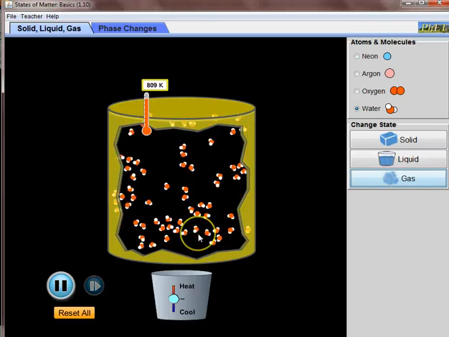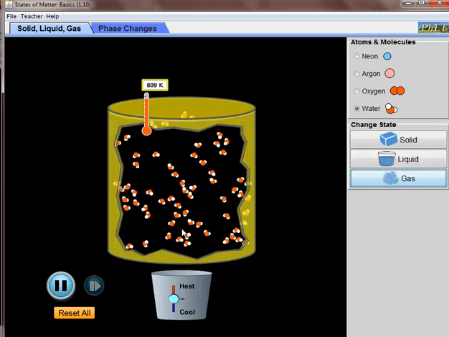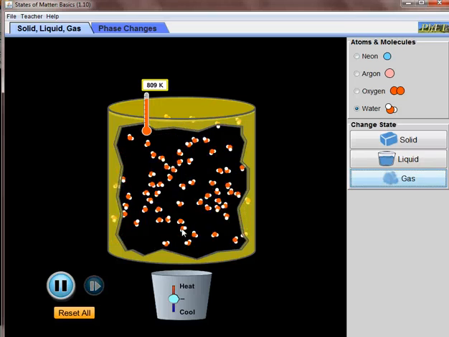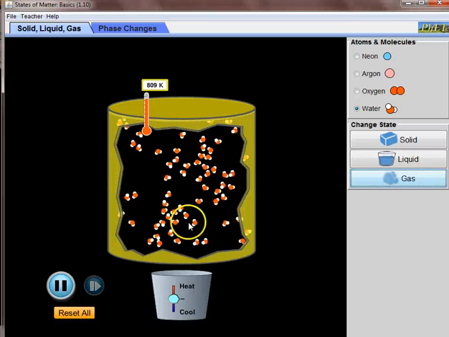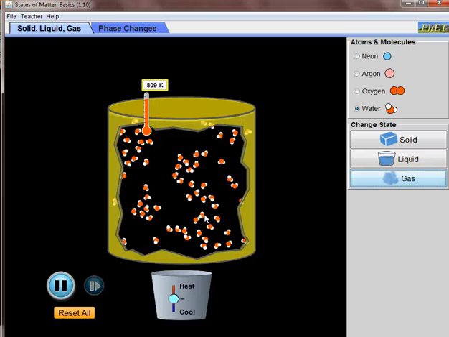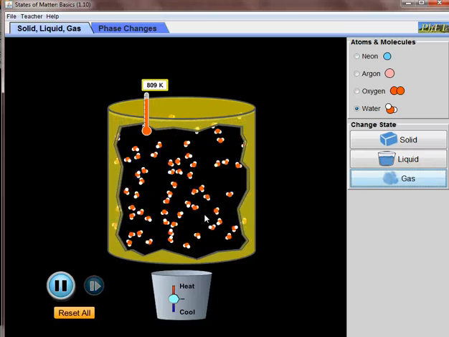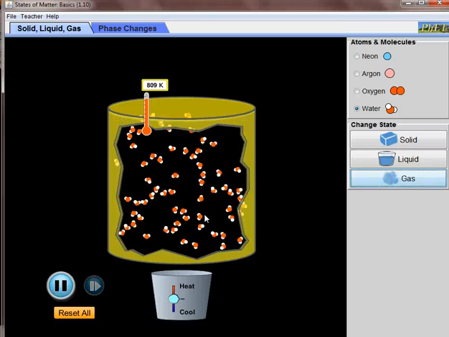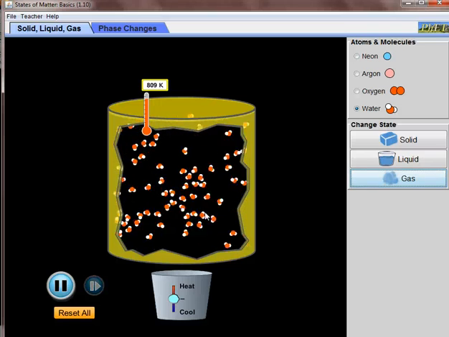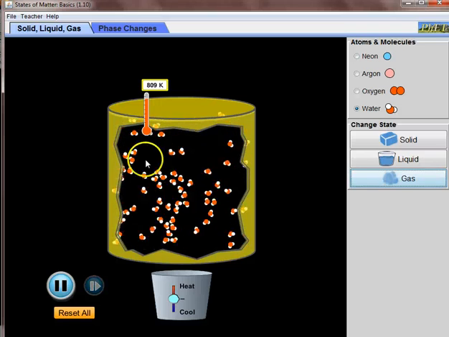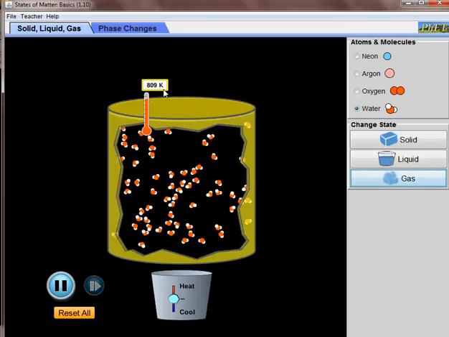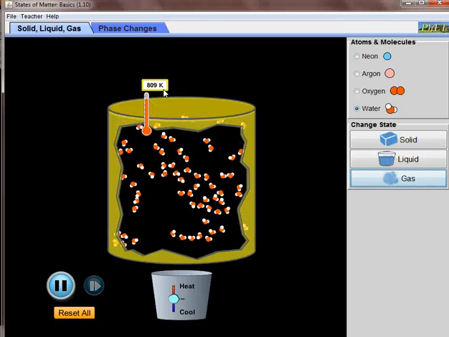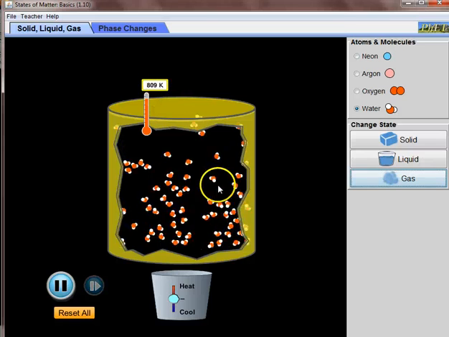So they have rotational energy and translational energy, correct? Or you can say they have rotational motion and translational motion, and that translates to a higher temperature. Okay, so that is the case.